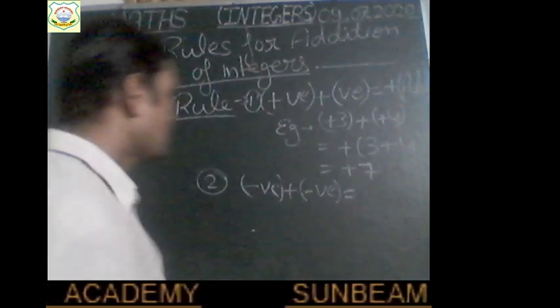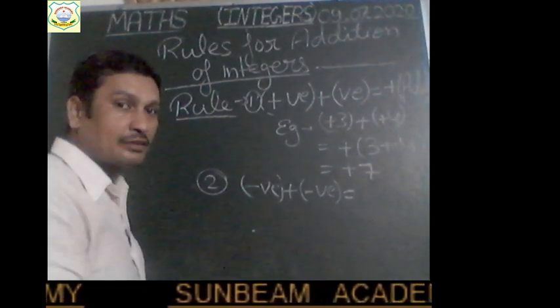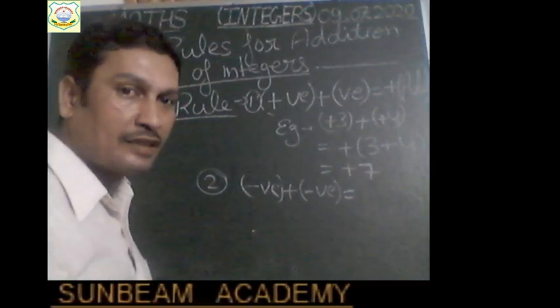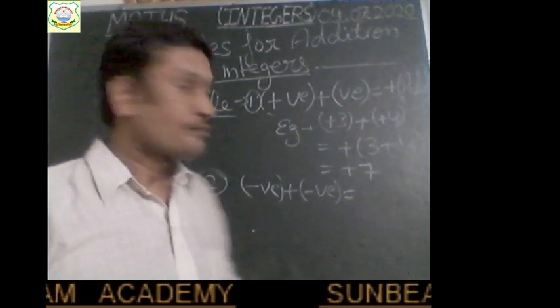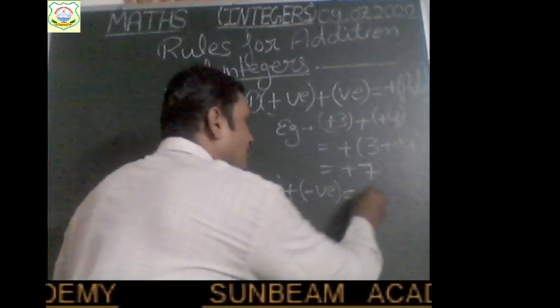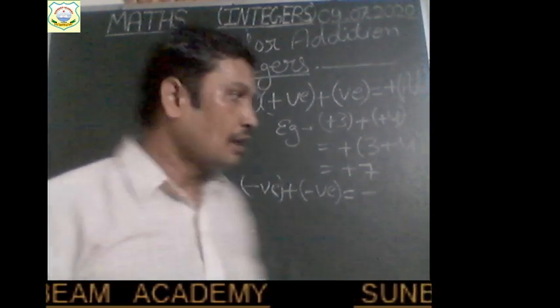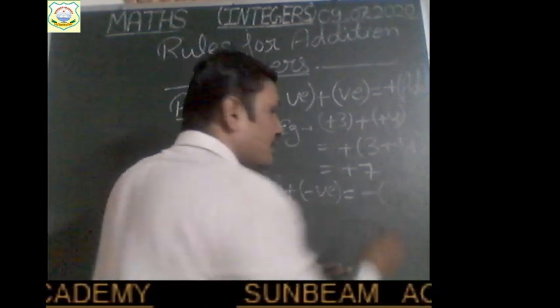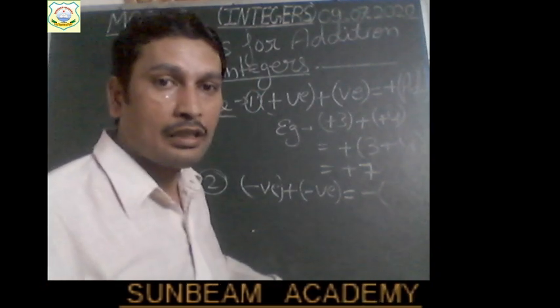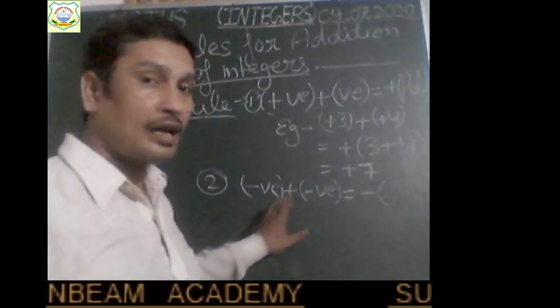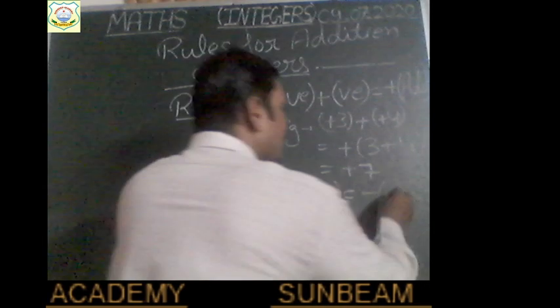It means negative plus negative. We are moving in the negative direction, so the final direction will be negative only. Am I right, children? And our negativity will increase because both the numbers are negative. So we will add.